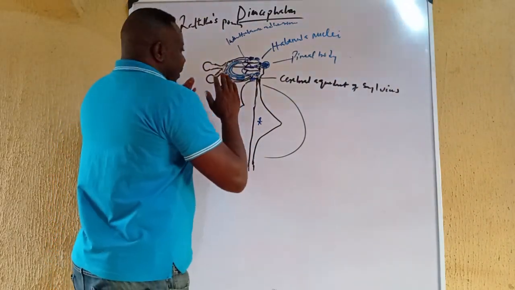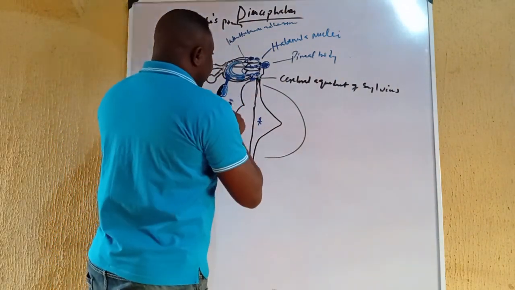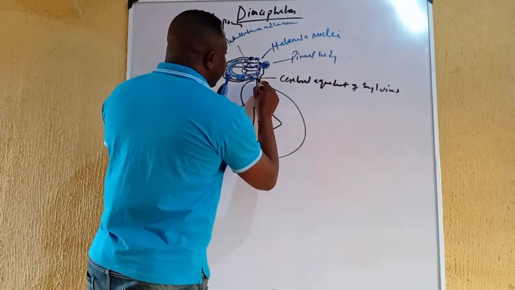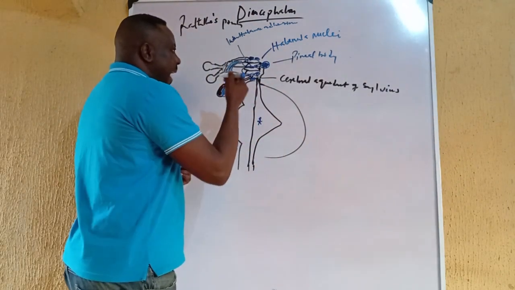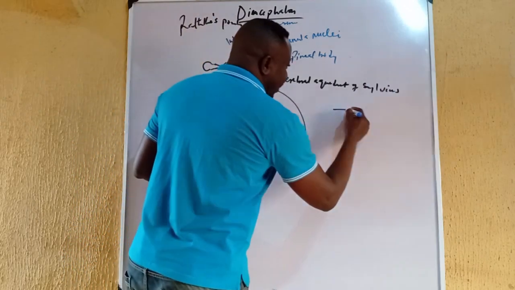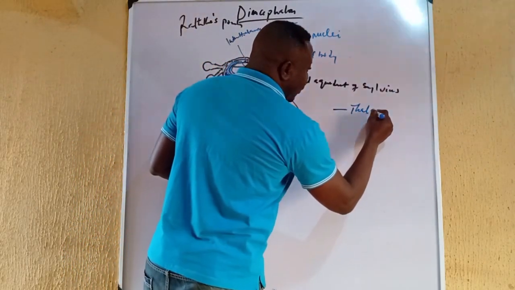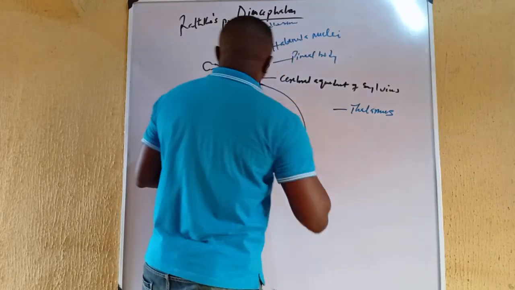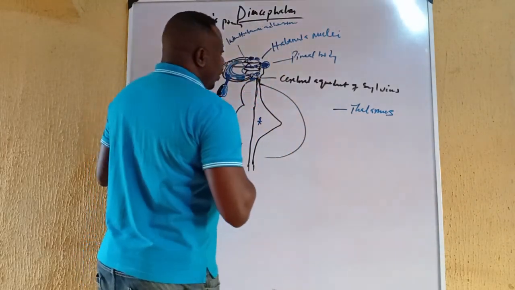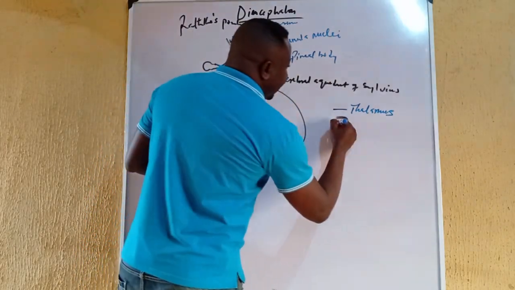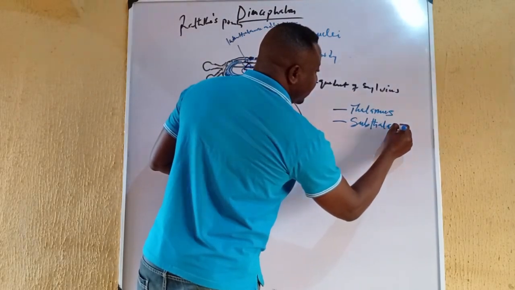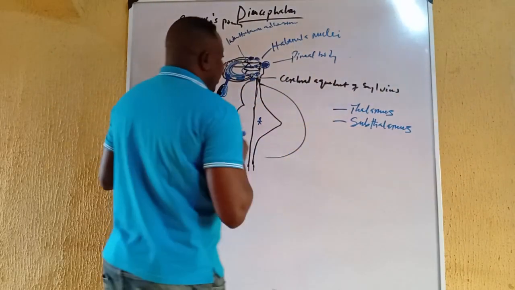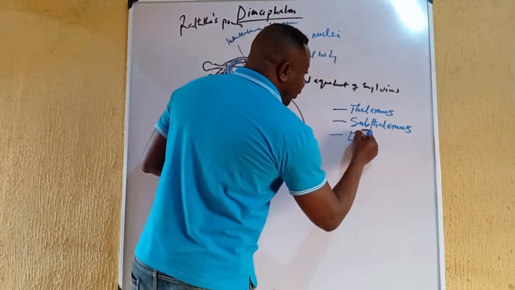So, from a diagram, you observe that the diencephalon consists of the thalamus, which usually acts as a relay station, and then, of course, we also have the subthalamus, and we have the epithalamus.